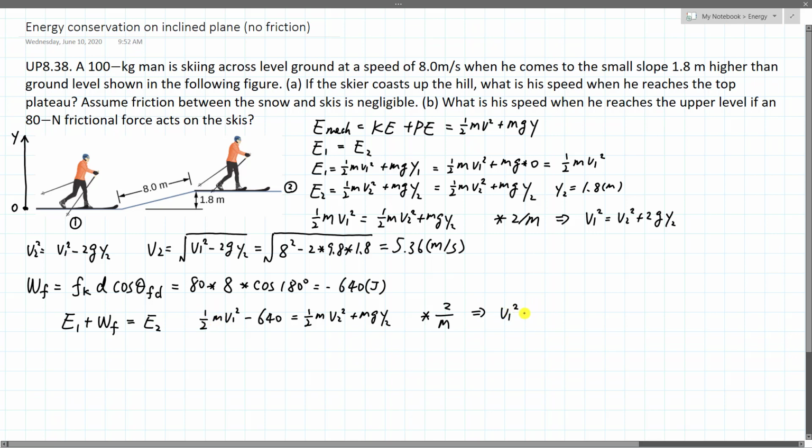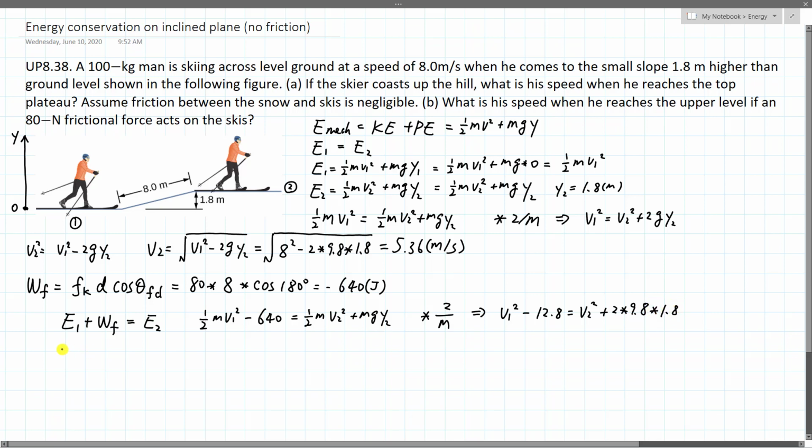So we have v1 squared minus 640 times 2 divided by 100, so that's 1280 divided by 100. So 12.8, right? So then the next term is a v2 squared, and then the next term 2 over m, so 2gy without the m, 2 times 9.8 times the y is 1.8.